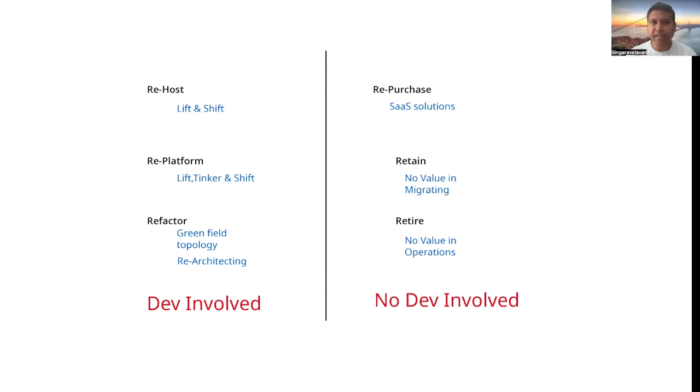And the sixth strategy of cloud migration, which is a very important one, is called refactoring. Refactoring is also known as re-architecting. This is a greenfield topology. Basically, you will have to think of cloud native design whenever you are using this strategy to migrate your existing applications.